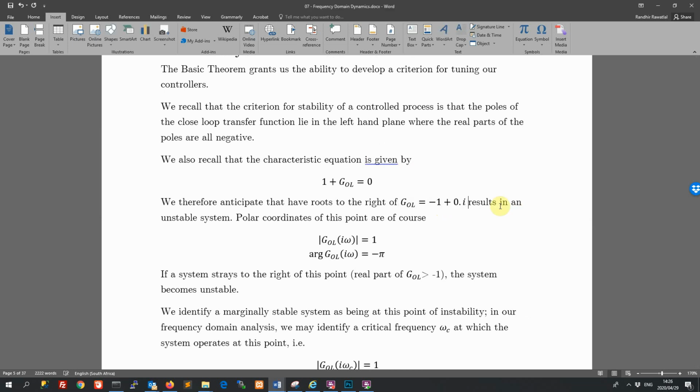This implies that in the plane, if we imagine a plane of axes, then just to the left of the origin, at -1 for the real part and 0 for the imaginary part, there exists this critical point.